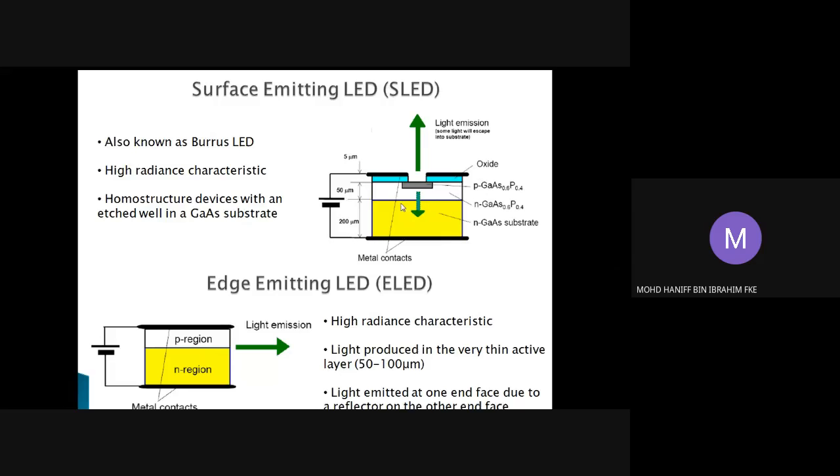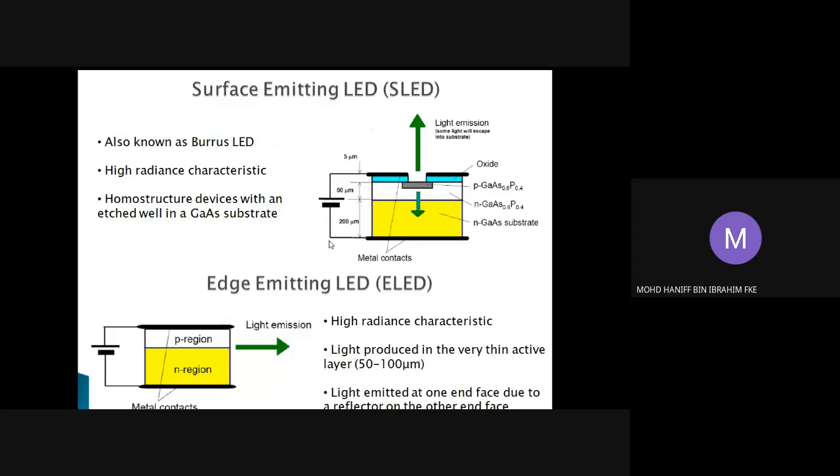The light is said to be emitted on the surface, at the P junction. As I mentioned before, most of the light will be emitted at the P type material, and some of it will be emitted toward the substrate.